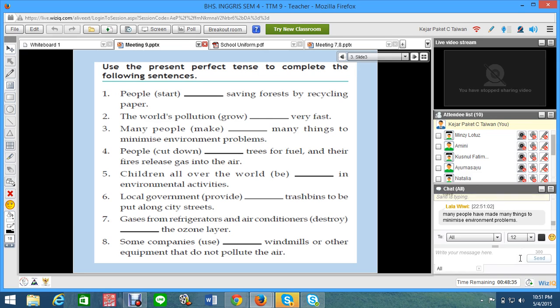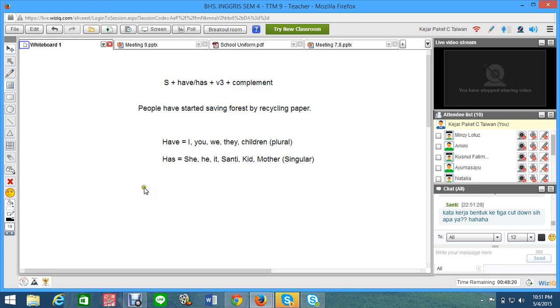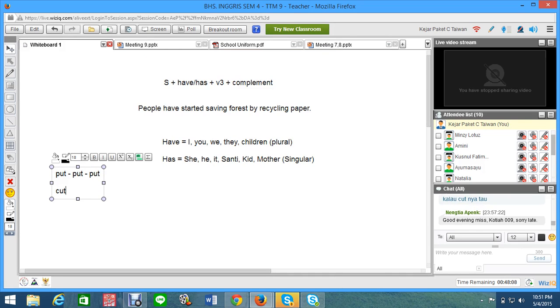People, kalau cut, verb 3-nya itu tetap cut. Verb 2-nya juga cut. Jadi verb 1, 2, and 3 itu sama dengan put. Jadi kalau misalnya seperti put, example like put. Oke. Cut juga seperti itu. Cut, cut, cut. Oke. You see?